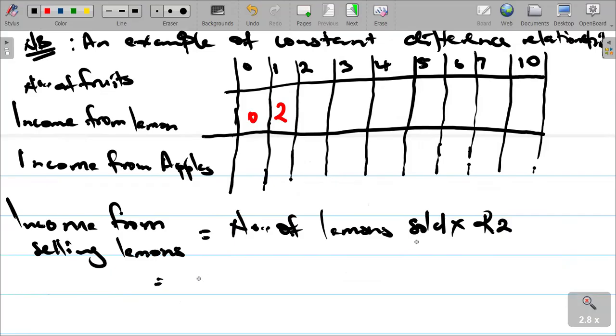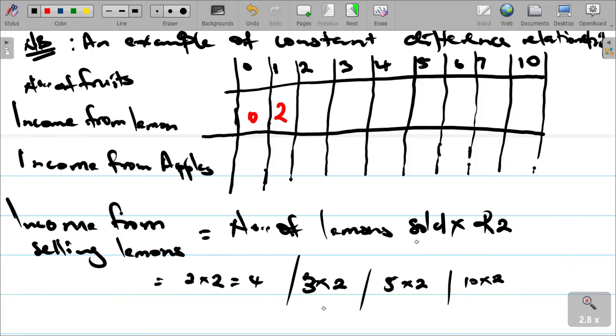If 2 lemons are sold, it is 2 times 2, therefore we get 4. If there are 3, 3 times 2. If there are 5, 5 times 2. If there are 10, 10 times 2.